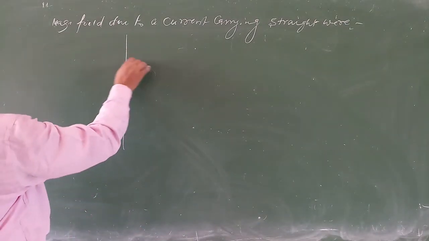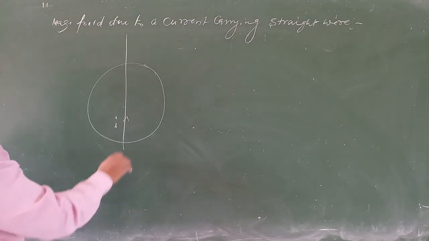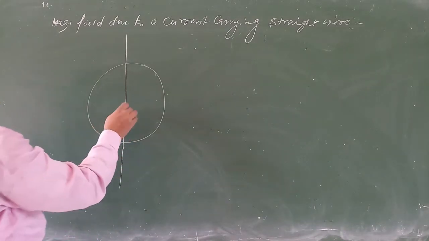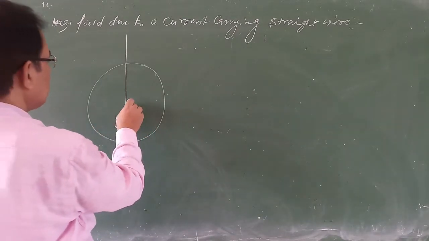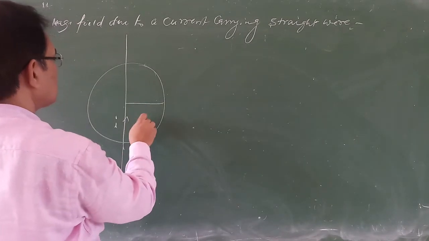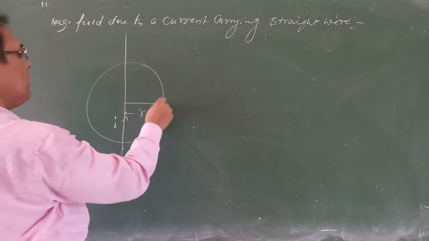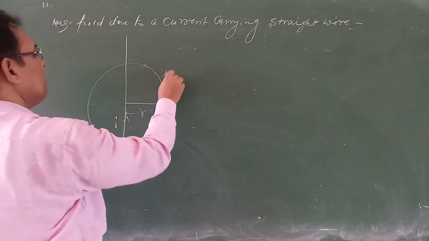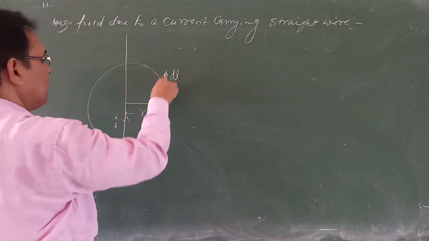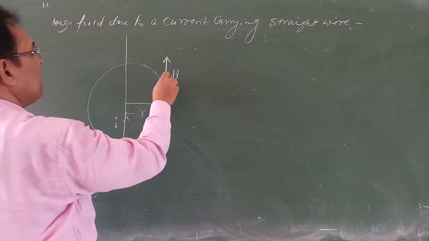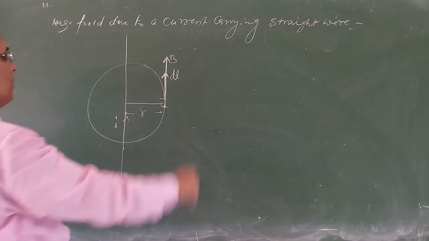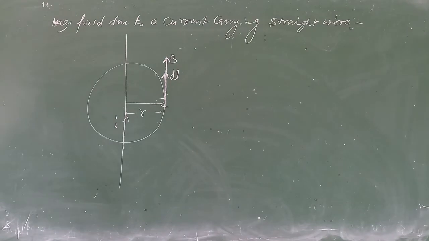So let us consider an Amperian loop. Let this be an Amperian loop, and in this Amperian loop at a distance r, find the element dl. This is the element dl, and dl is in the same direction as the magnetic field.